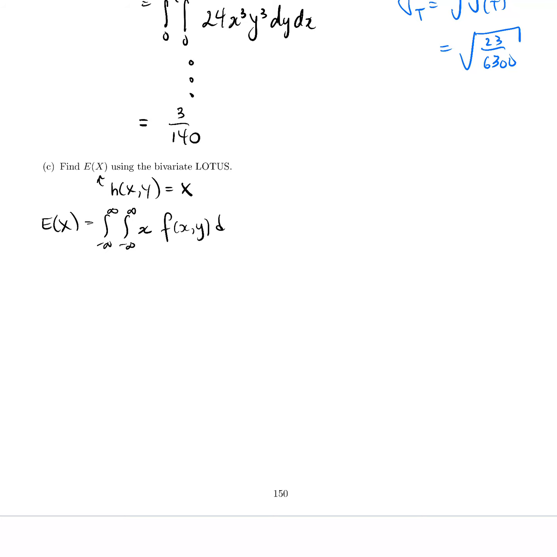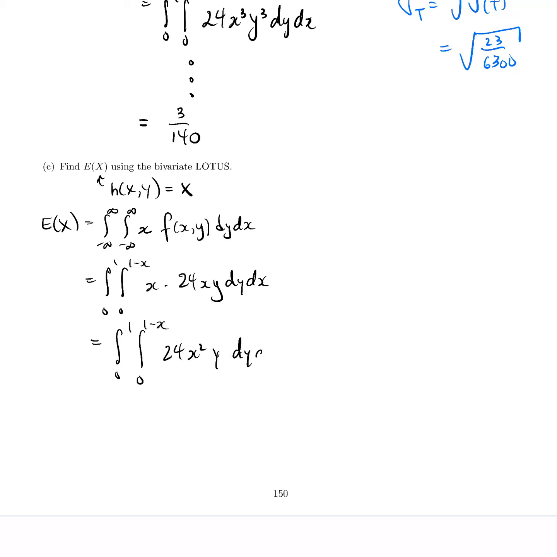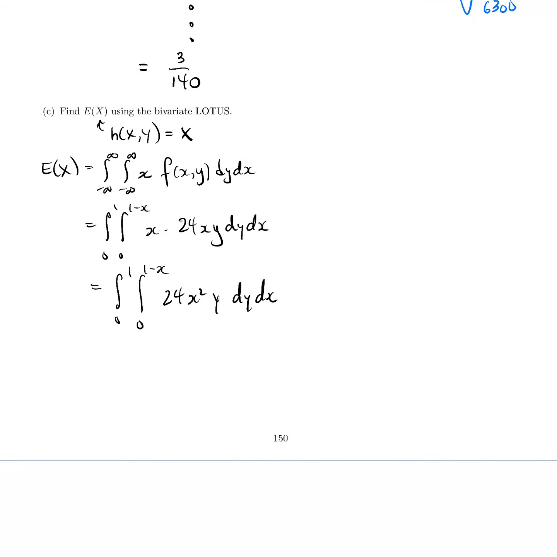So replacing, as we've done in the previous two parts, the integral from 0 to 1, the integral from 0 to 1 minus x of x times 24xy dy dx, which is the integral from 0 to 1, the integral from 0 to 1 minus x of 24x squared y dy dx, and this, when I evaluated it, gave me 2 over 5.